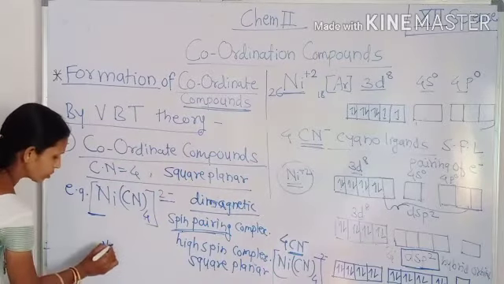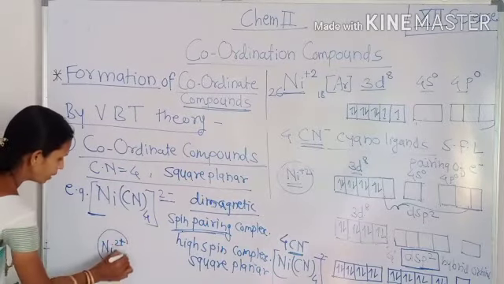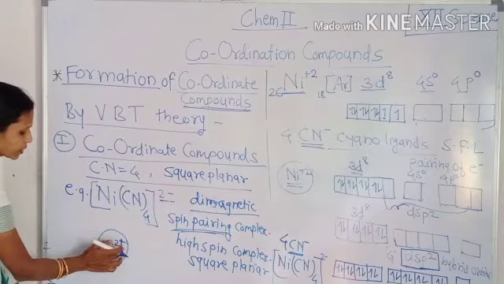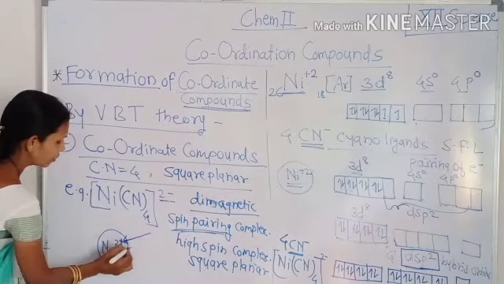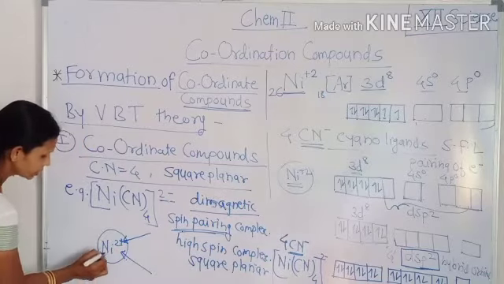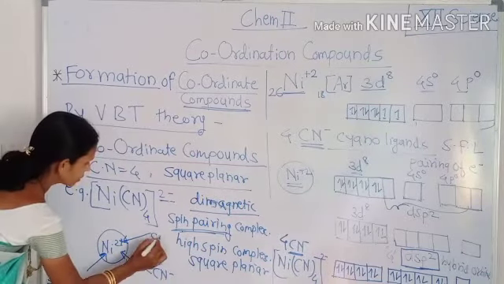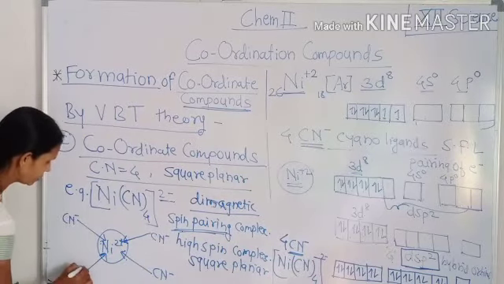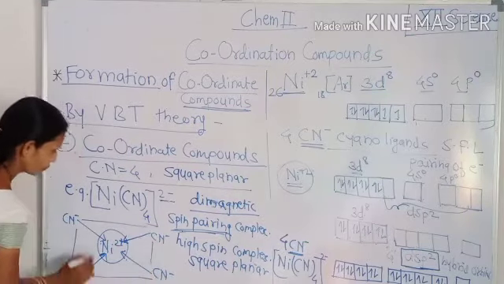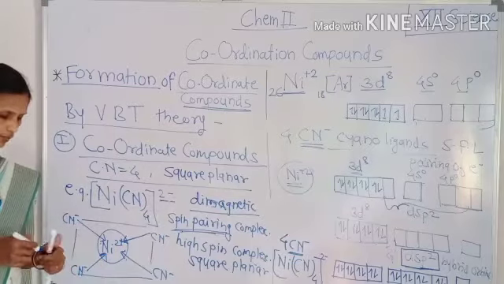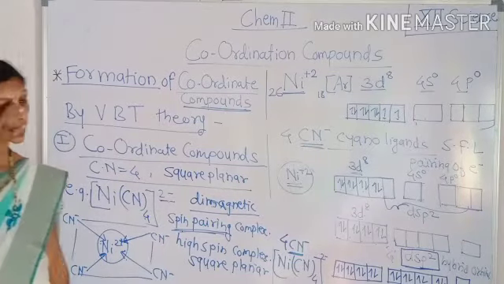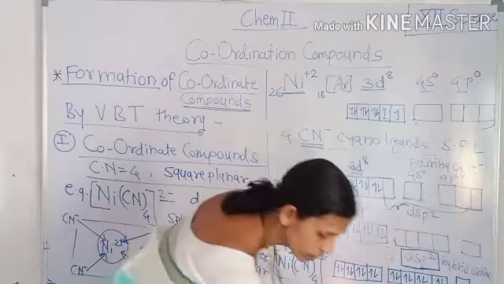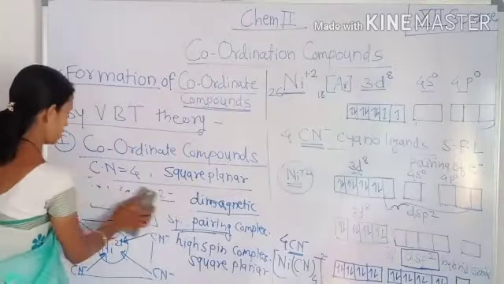Therefore, we have to draw the square planar geometry of this complex, in which the central Ni2+ ion is surrounded by 4 CN- ligands in square planar geometry. That is the geometry of [Ni(CN)4]2-.